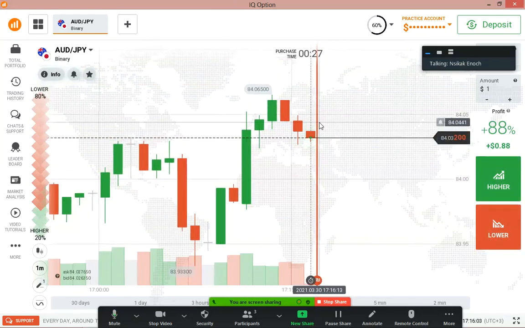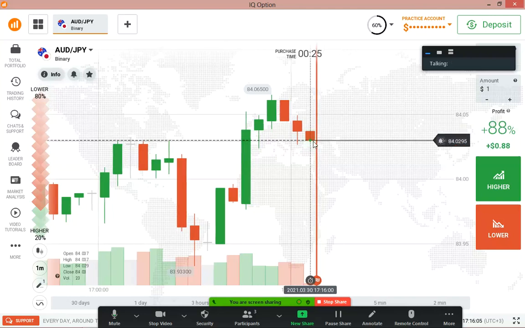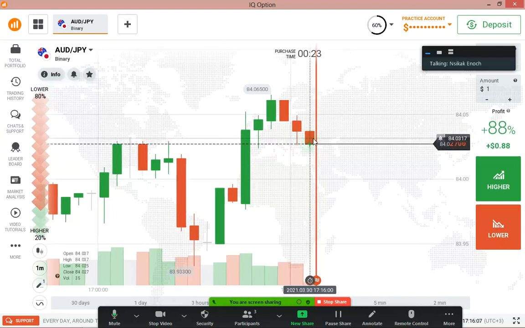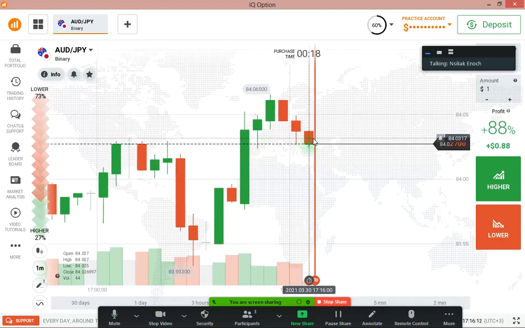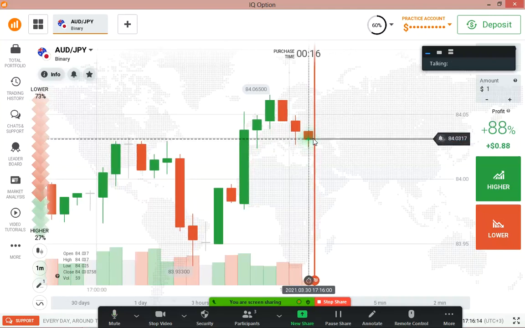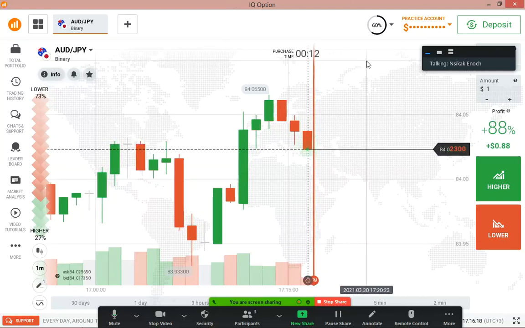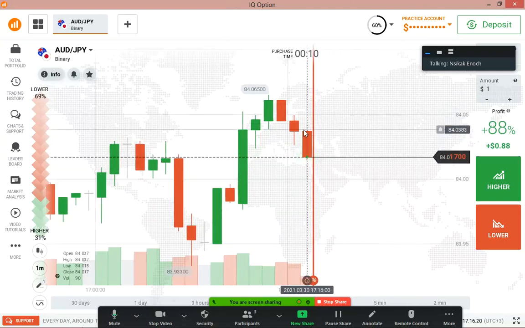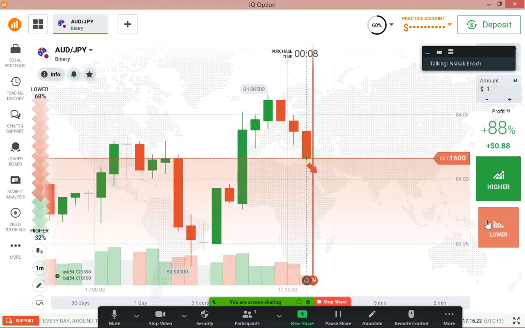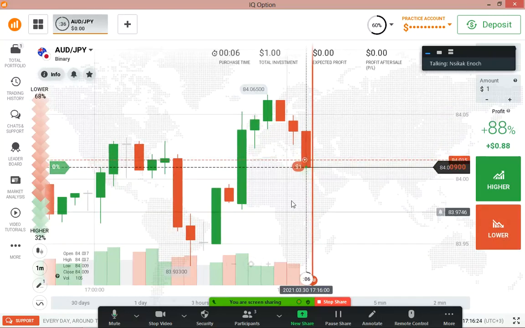And make sure that when you place put, let the price close below your strike price. If you place call, let the price close above your strike price. What I mean by strike price, this is it. I place put now.